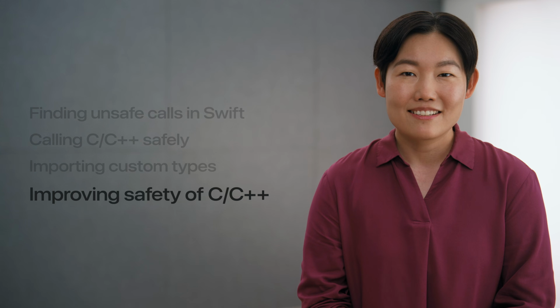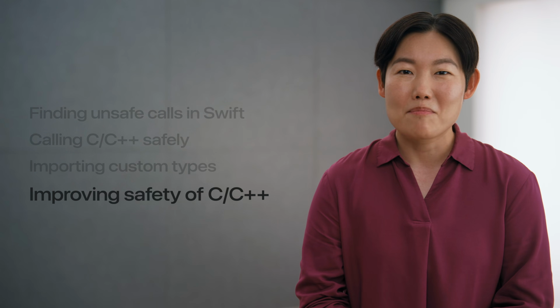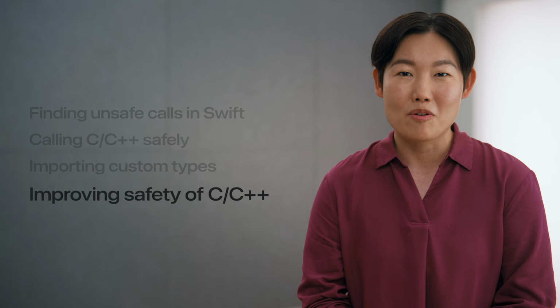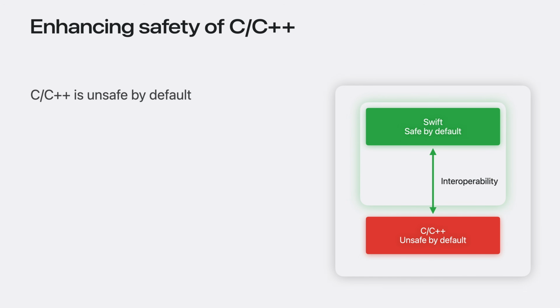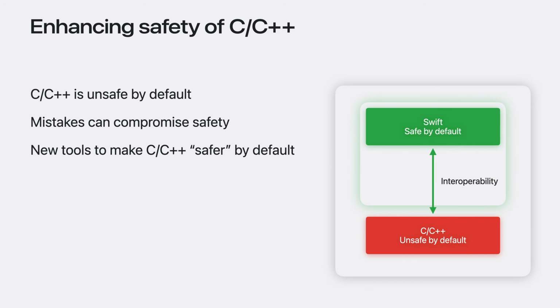All right, I'll switch gears and talk about how C and C++ code can actually be made safer. In my app, I added annotations to make sure that Swift can safely call into C and C++. However, the pure C and C++ code still remains unsafe.